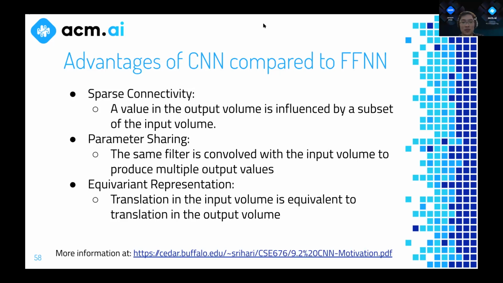Another advantage of a CNN is parameter sharing. What I mean by that is the same filter is being used for all the neurons in the input layer. I think Adithya went through this in a lot of detail, but we're basically convolving this filter over the input volume.